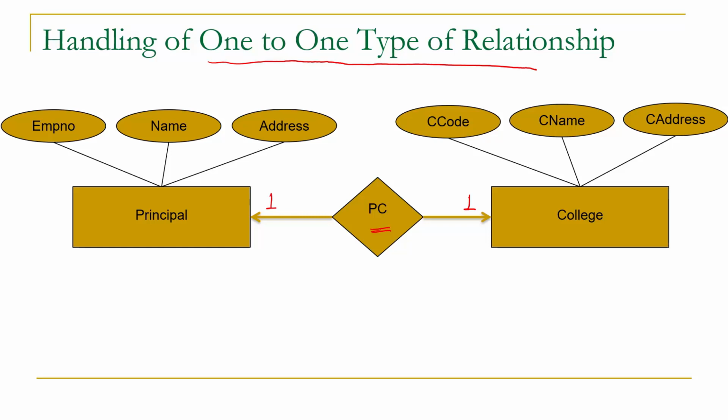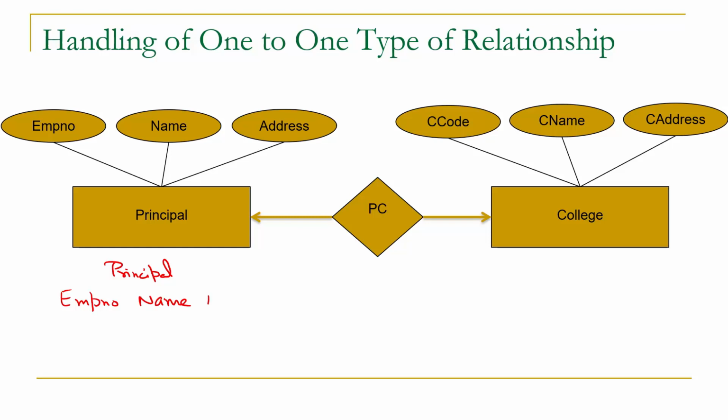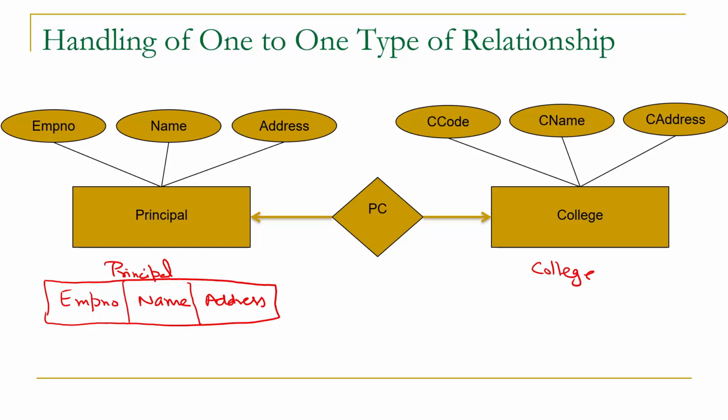We know that for every entity set we have to create a table. So let us first create a table for entity set principal. This table will have three columns: imp number, name and address. There will be one table for entity set college, and the columns will be college code, college name and college address.